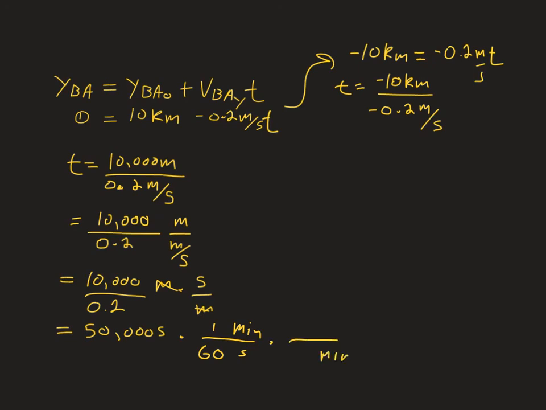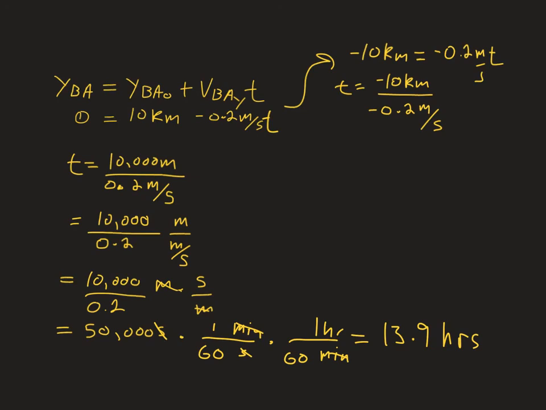Let's put minute on the bottom to cancel minutes, and there's 60 minutes in 1 hour. Then minutes cancel, and if I do the math, this is going to be 13.9 hours, which is a long time, but they're going nearly the same rate in the y direction, and so Alice is slowly but surely catching up to Bob, and it's going to take her 13.9 hours to get there.